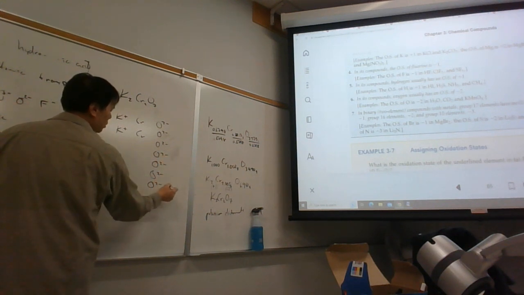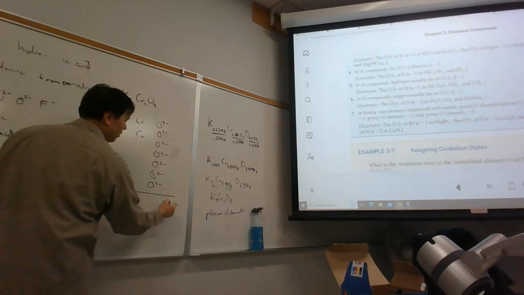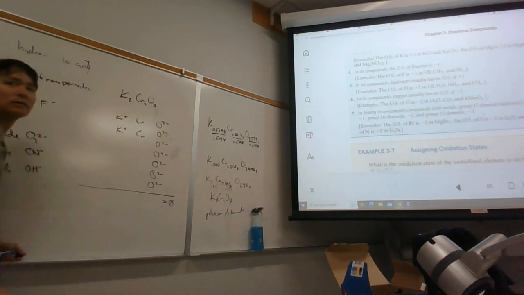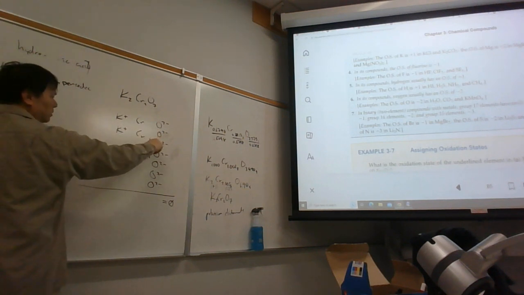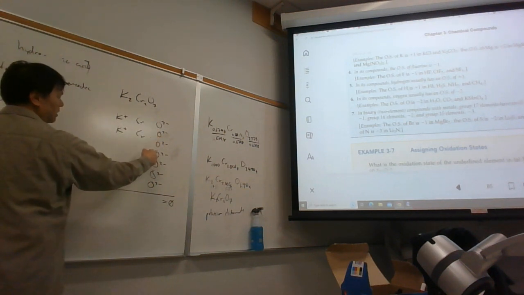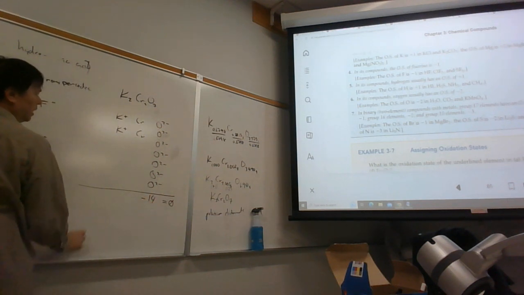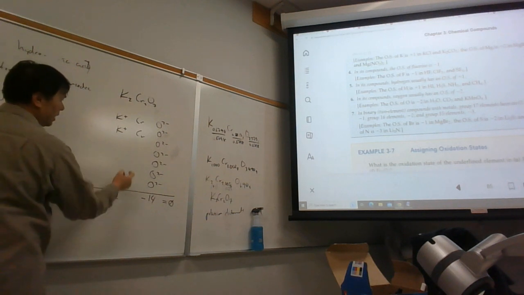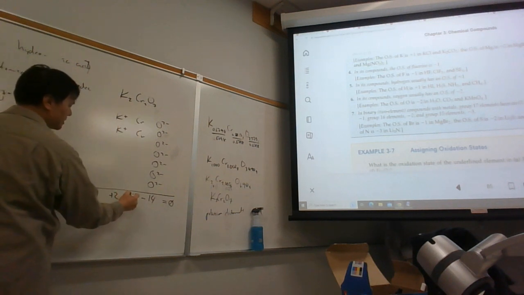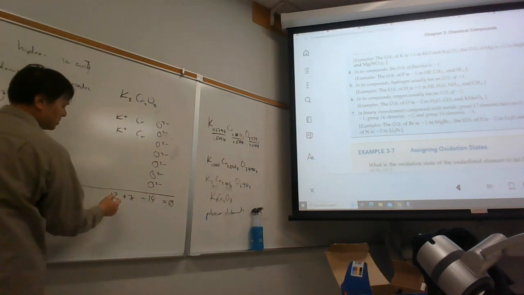Now, the net charge on this is 0, so all these have to add up to 0. What's the total negative charge I have here? -14. 2, 4, 6, 8, 10, 12, 14. And then the total positive charge here? +2, and then this has got to be plus x. 2 plus x minus 14 is equal to 0.